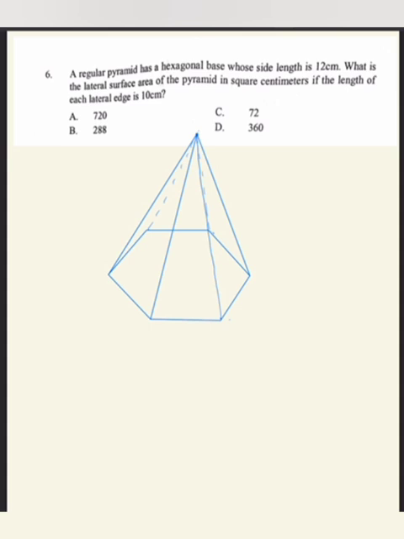Hexagonal base ነው ያለው, 6 faces ይኖረዋል ማለት ነው. Okay, so the lateral surface area of this regular pyramid will be the area of each face ይሆናል ማለት ነው. So the lateral surface area is equal to 6 times the area of each triangle.